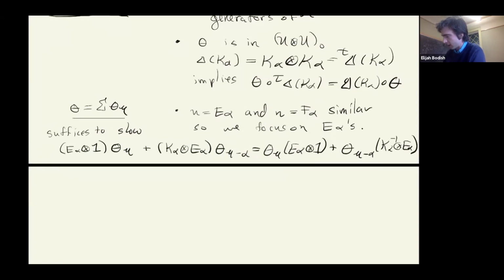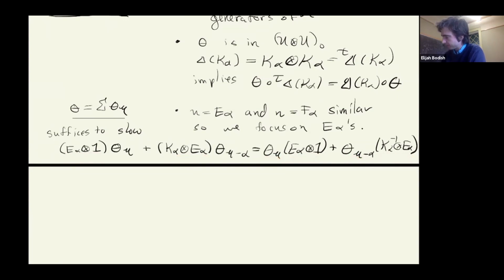So once we sum over all theta mu's, the mu and the mu minus alpha, it doesn't matter that they're in the same equation. We just get that this term on the left-hand side, E alpha tensor 1 plus K alpha tensor E alpha, composed with theta is equal to theta composed with E alpha tensor 1 plus K alpha inverse tensor E alpha.